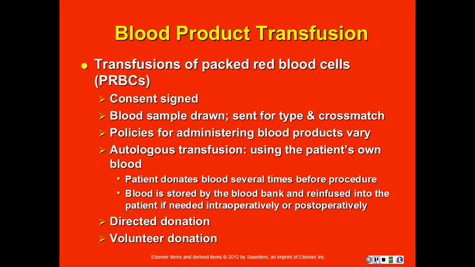Remember we talked about, we just don't give blood if we think, hey, that may help. There's got to be a documented reason for us to administer blood to a patient. Usually if the hemoglobin has started to drop, once it falls below 6, that patient is getting blood.